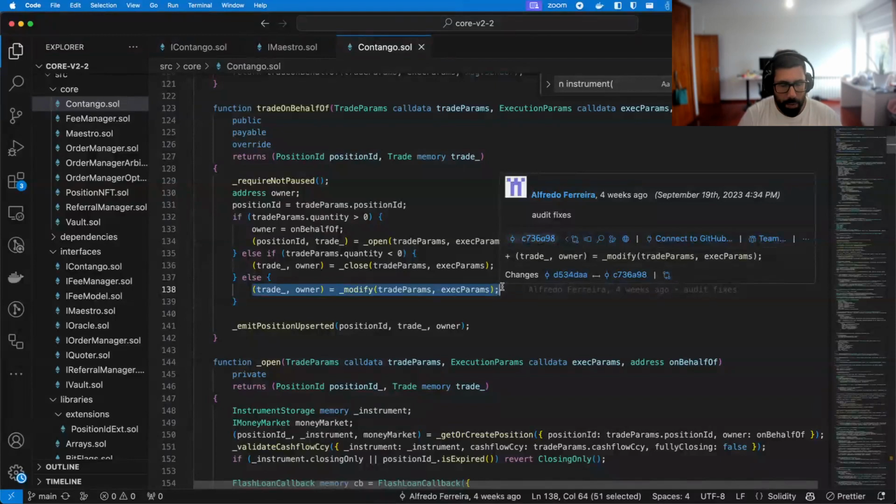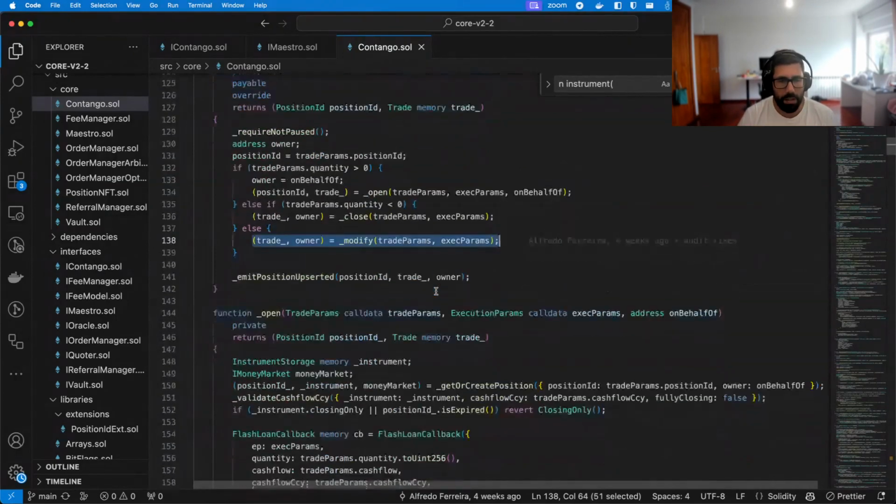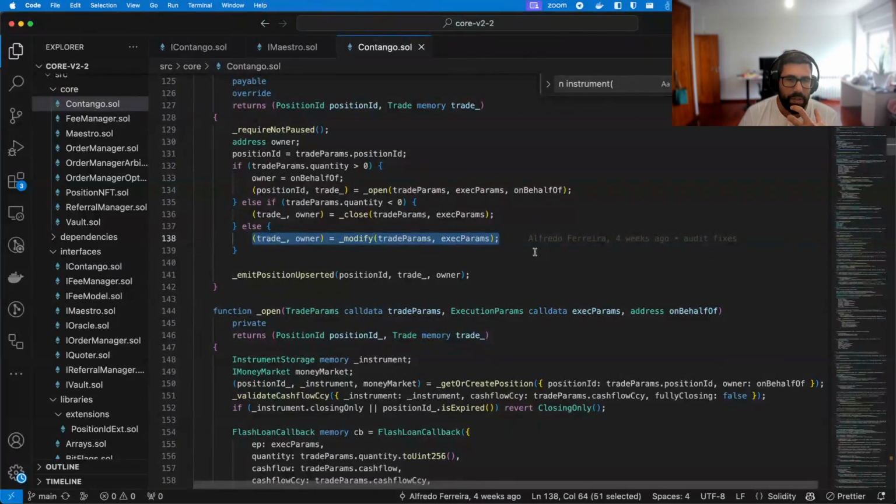Modify means I don't want to touch my position size-wise, but I would like to either add more collateral because the market is going against me, but I don't want to close the position yet. Or it could also be the opposite. If the market went in your favor, and maybe you're hedging this position somewhere else, you may want to take money out of this position and send it somewhere else. So we allow the user to just modify the collateralization without touching the notional size of the position.